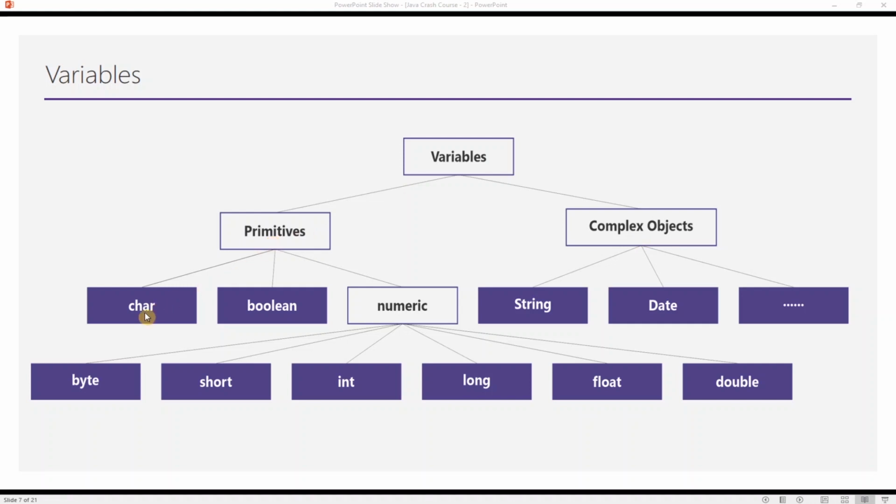Primitives in Java can hold characters, booleans, variables that equate to either true or false, or numeric values, while every other type in Java is treated as a complex type, like string, date, and all others.